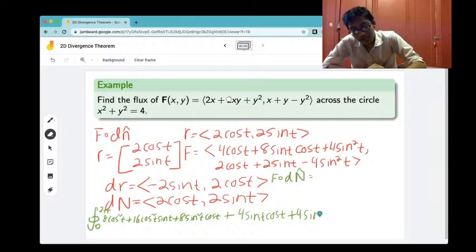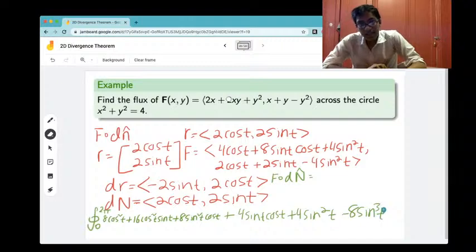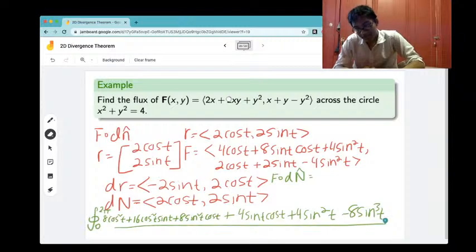And then for my final term, I'm going to have minus 8 sine cubed of t. Wow, we actually have a degree 3 right there. And wow, we have to compute that huge integral, but I'm not doing that. I'm leaving that to my ever so smart audience.